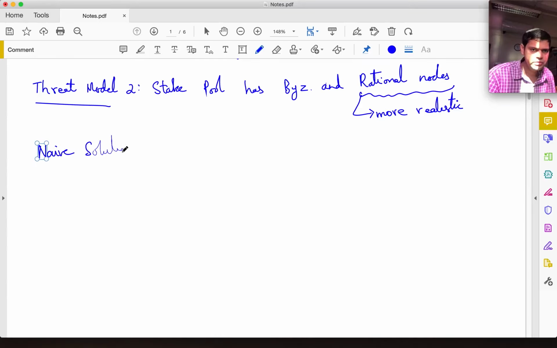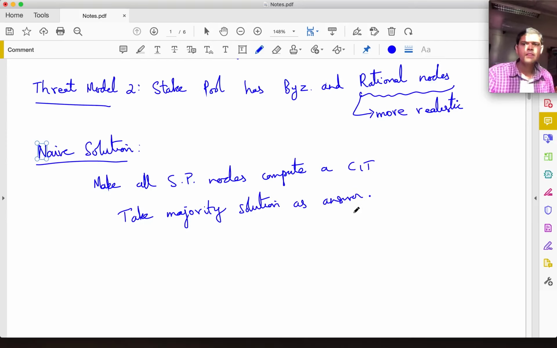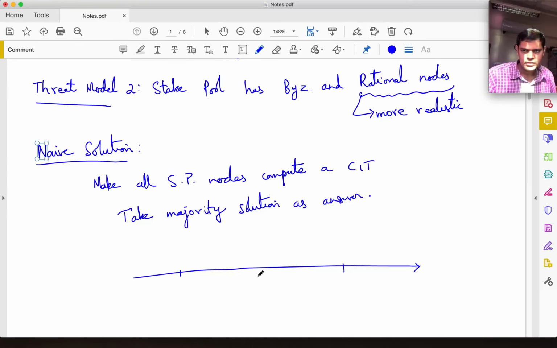So the naive solution is the following. Make all the stake pool nodes compute a CIT and take the majority solution as the answer. So what could happen is, suppose I'm plotting here the hash of the solution, which is going to be some number, right?